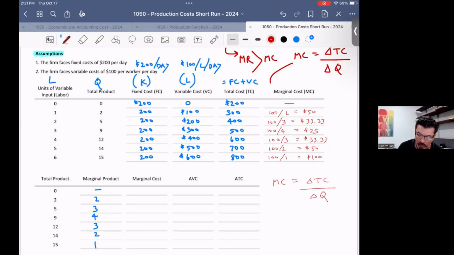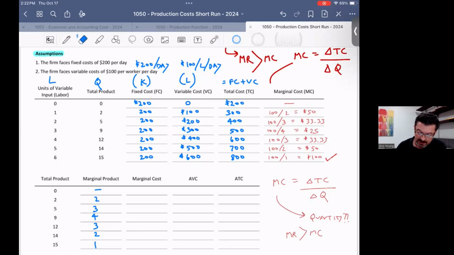And that's going to be a really important concept in deciding what quantity, how many pizzas to sell, because again, we're only going to make pizzas if the marginal revenue that we bring in for making them is greater than the marginal cost. And that's why for this pizza here, $100 marginal cost, we can only make that pizza profitably if we can charge more than 100 for a pizza.